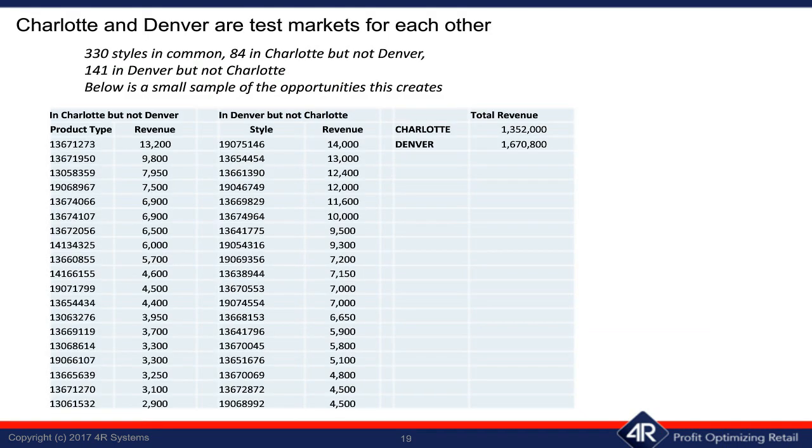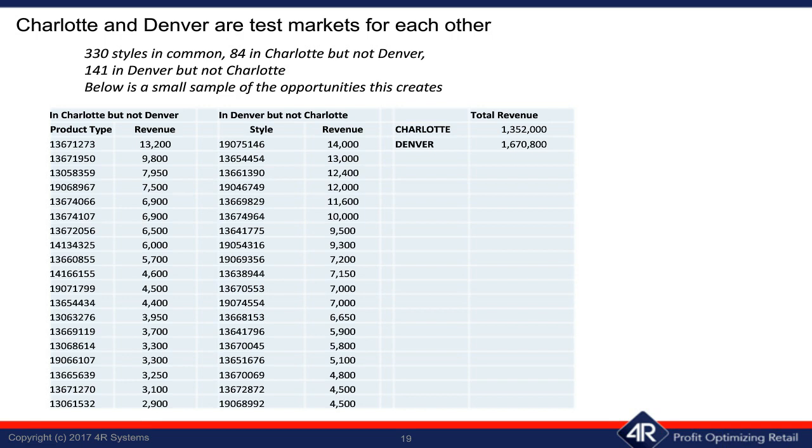Here's an example. Charlotte and Denver are similar markets in many ways. Now, even though they're geographically very distinctly different, on a product basis and on an attribute basis for the customers, they're very similar in terms of how the customers shop.